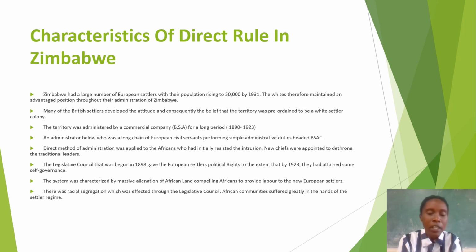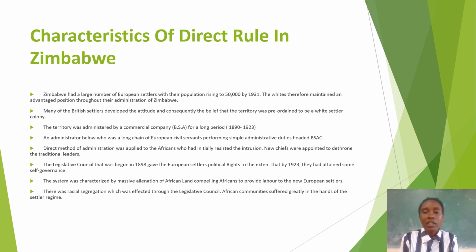Hello everyone, I'm Yvonne. I'm going to take you through characteristics of direct rule in Zimbabwe, and one of the characteristics is that Zimbabwe had a large number of European settlers, with their population rising to 50,000 in 1931.